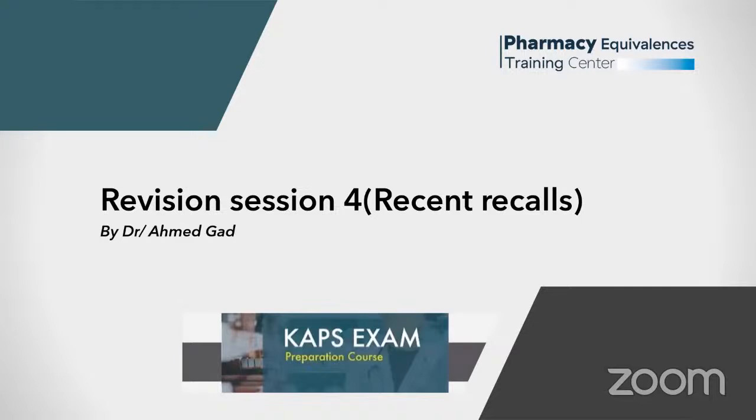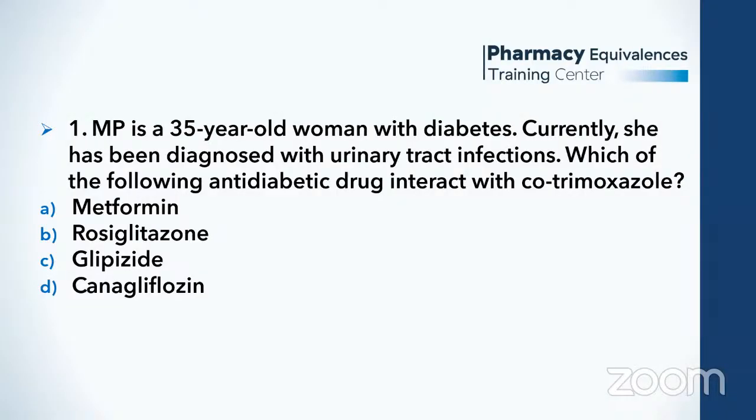Okay, let us start with the first question. A patient, a 35 years old female with diabetes. Currently, she has been diagnosed with urinary tract infection.